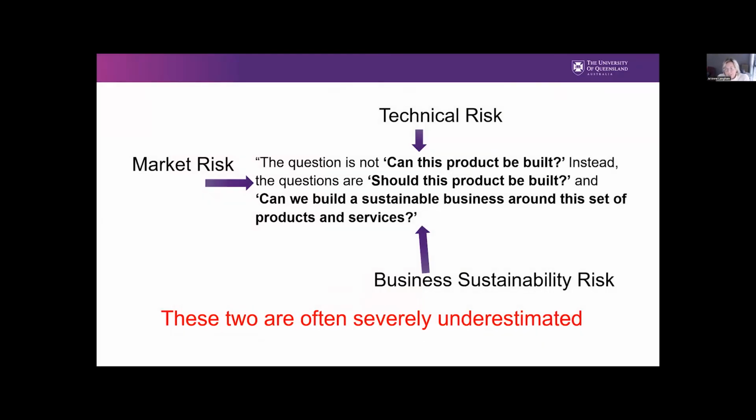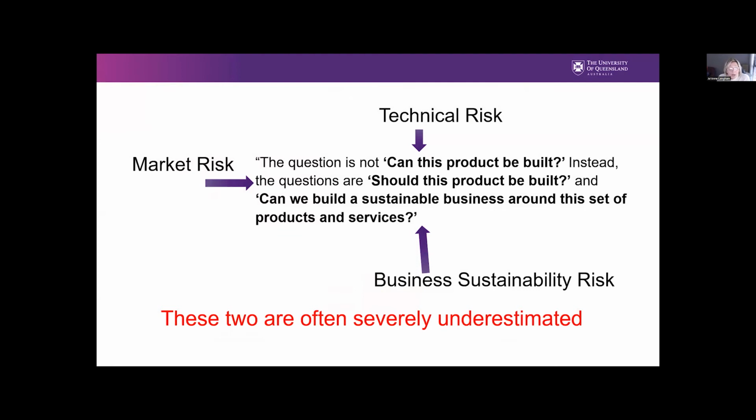Entrepreneurs often focus on the first question in this statement here. So can a product be built? But they generally fail to correctly address the market risk and the business sustainability risk. This is potentially the greatest risk to everyone in this course as well. We shouldn't be thinking about whether the product can be built.